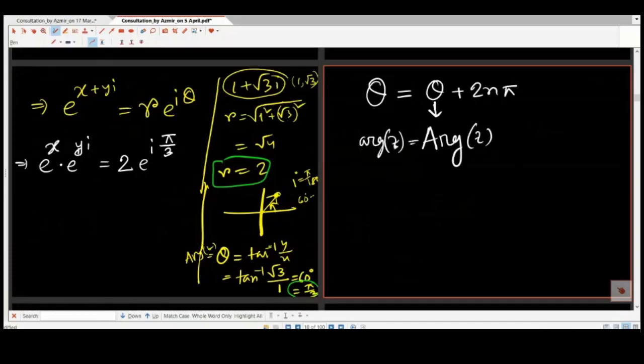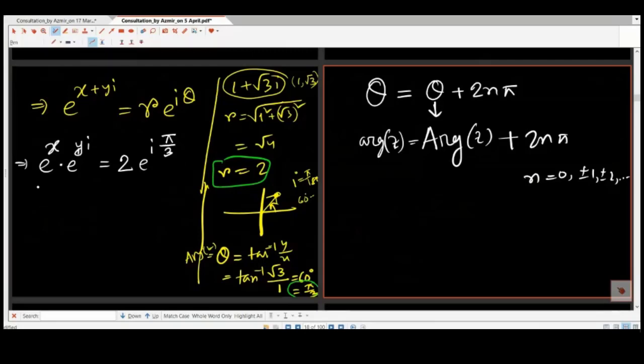So argument can take many values, but the principal argument will be only a unique value. This n equals 0, plus minus 1, plus minus 2, and so on. So we can understand that theta equals theta plus 2n pi.